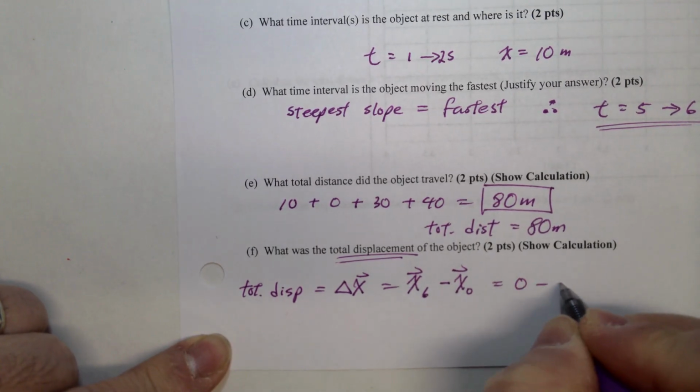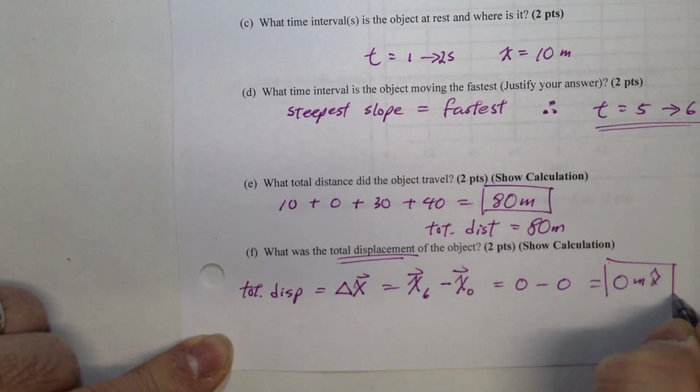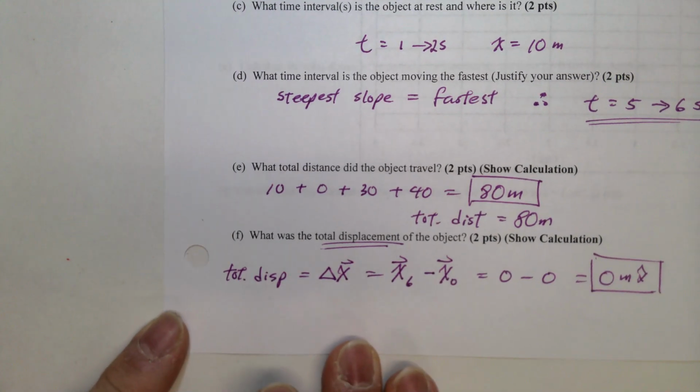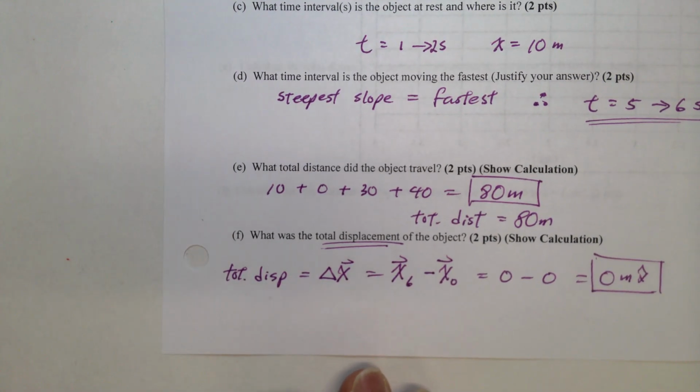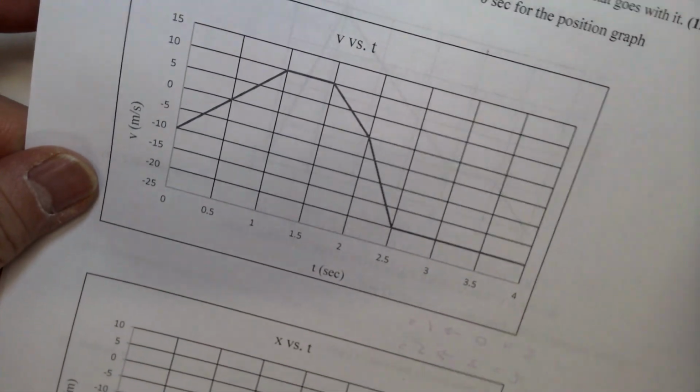Therefore, 0 minus 0 is equal to 0 meters. It's basically the total change in position. It hasn't changed at all. Alrighty. Was that easy enough? Let's take a look at the next page.